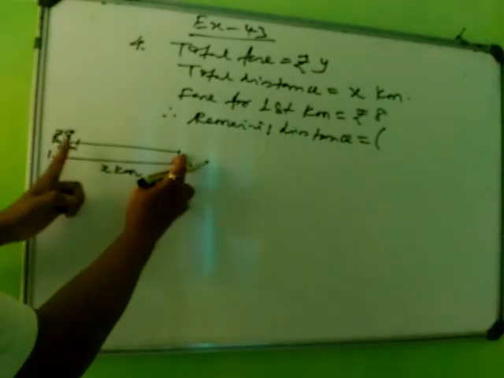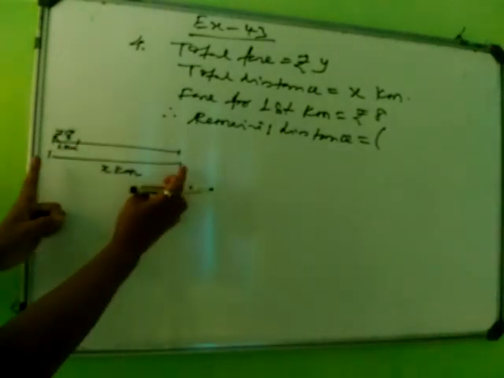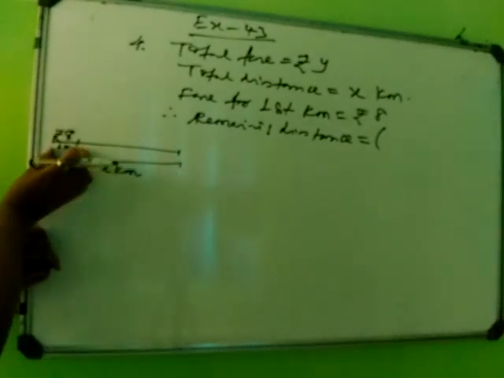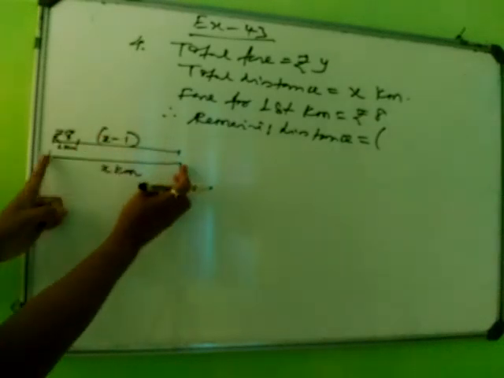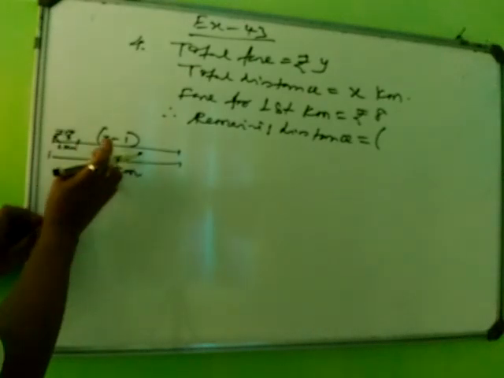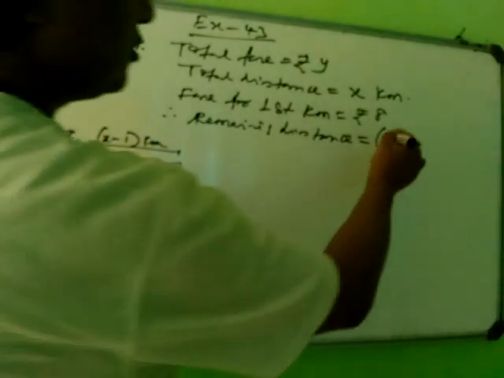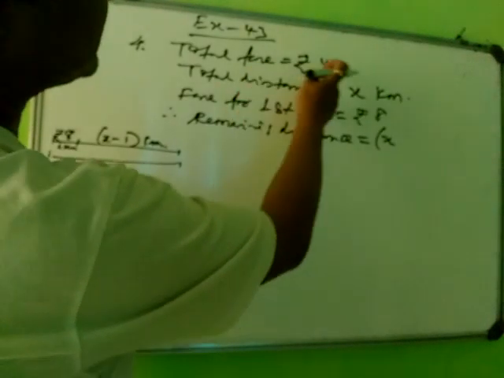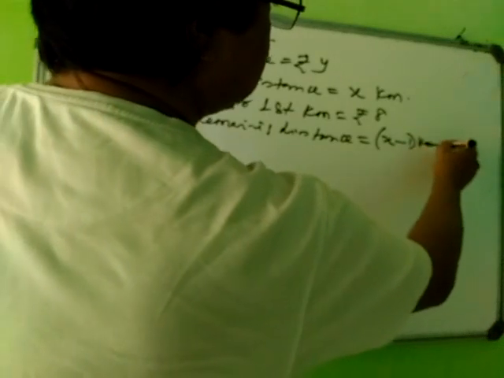After covering this first kilometer, the total distance to be covered is x kilometer, 1 kilometer is covered, so the remaining distance will be x minus 1 kilometer.